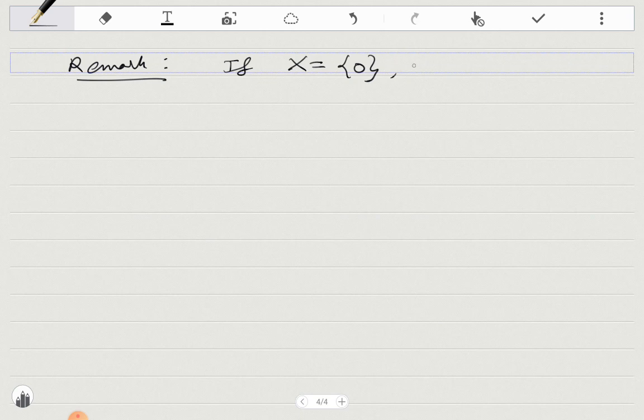So then dimension X would be equal to 0.